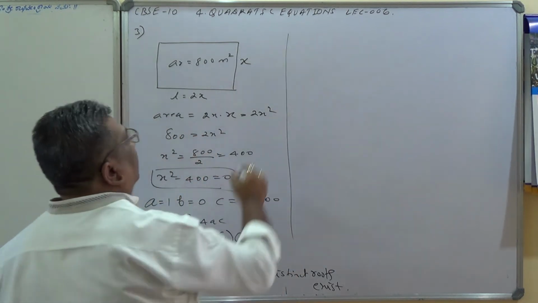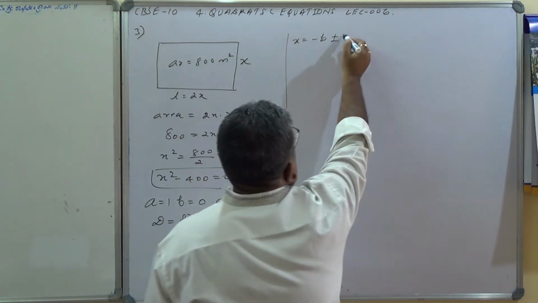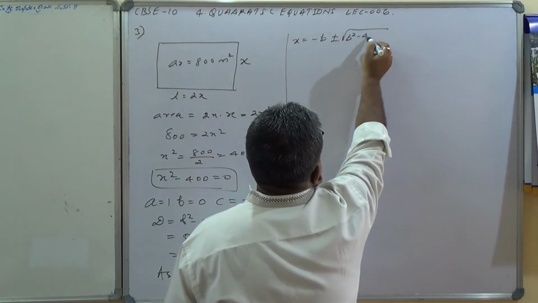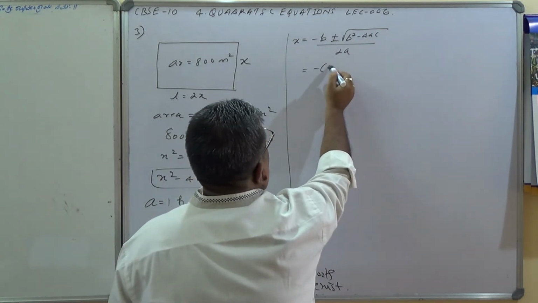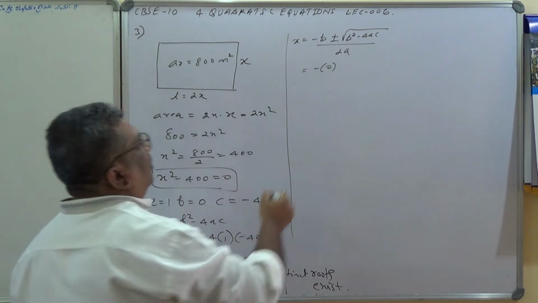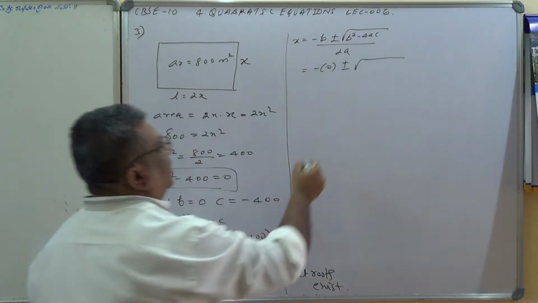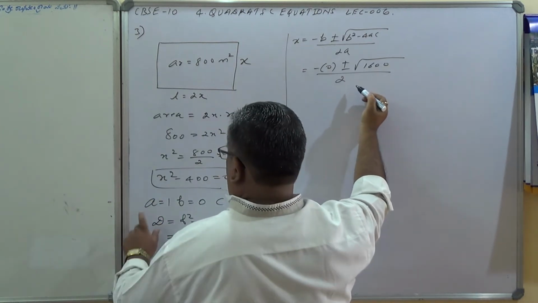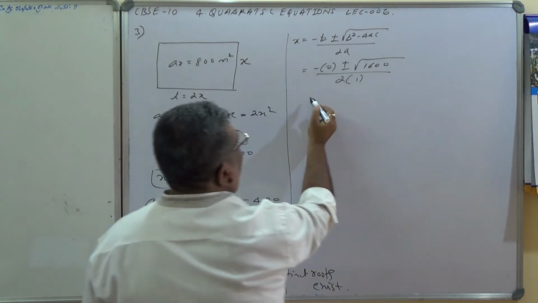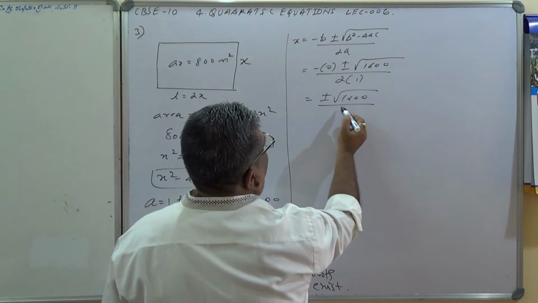Therefore, x equals minus b plus or minus under root of b square minus 4ac divided by 2a, which equals minus of 0 here, b is 0, plus or minus under root of 1600, divided by 2 times a, a is 1. So equals plus or minus under root of 1600 divided by 2.